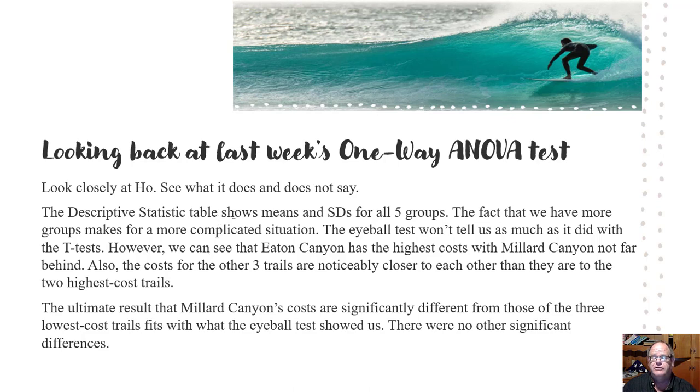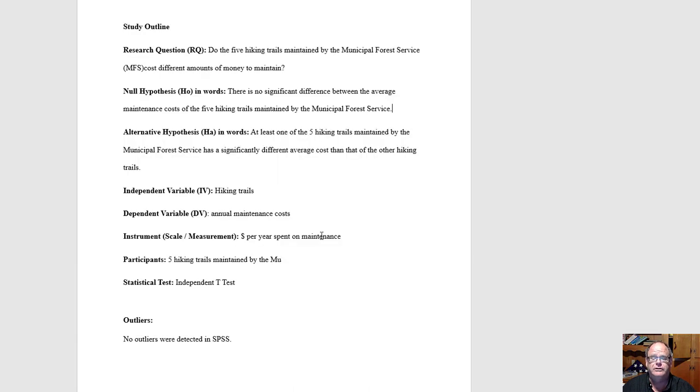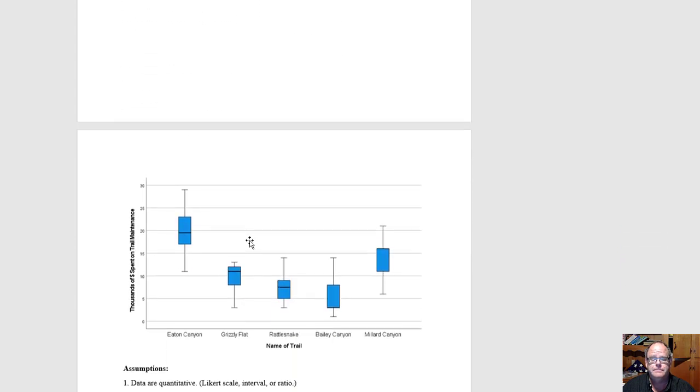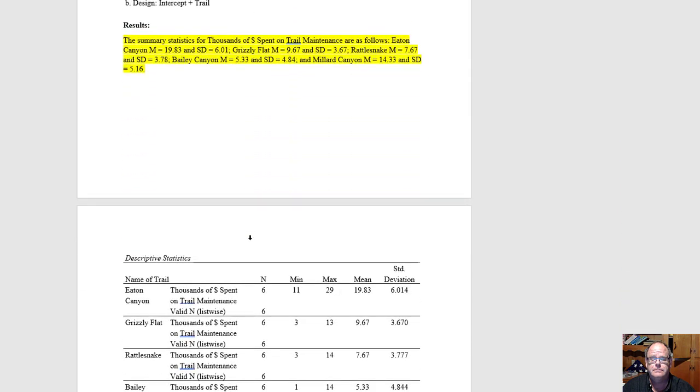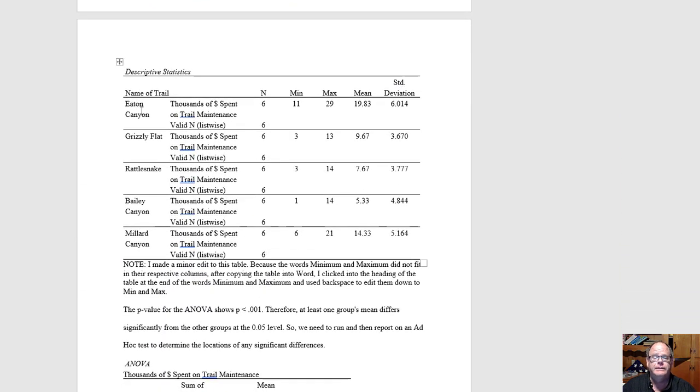The descriptive statistics table shows means and standard deviations for all 5 groups. The fact that we have more groups makes for a more complicated situation. All right, the eyeball test won't tell us as much as the t-tests. Well, let's go look at the descriptive statistics table. That's down here. There it is. So it lists all 5 of our trails. If we come down here and look at the means, this first mean is 19.83, and then we get 9.67, 7.67, 5.33, then back up to 14.